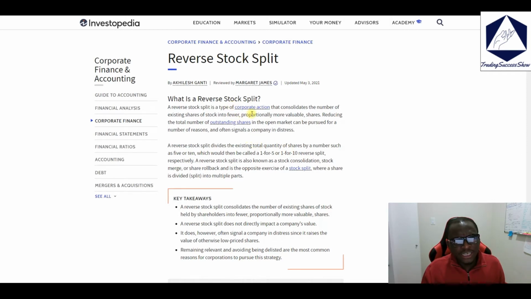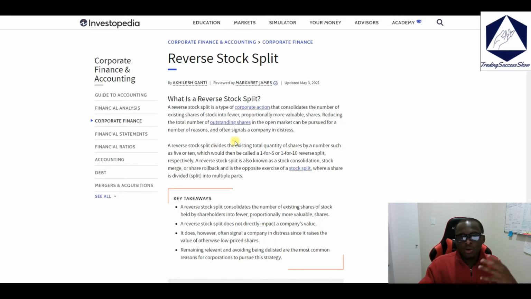A reverse stock split is a type of corporate action that consolidates the number of existing shares of a stock into fewer, proportionally more valuable shares, reducing the number of outstanding shares in the open market.